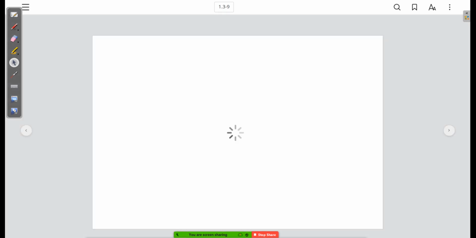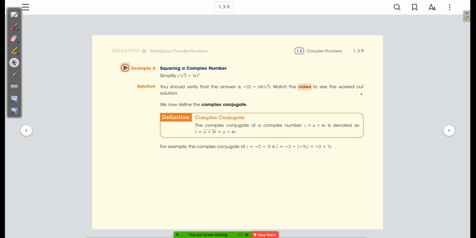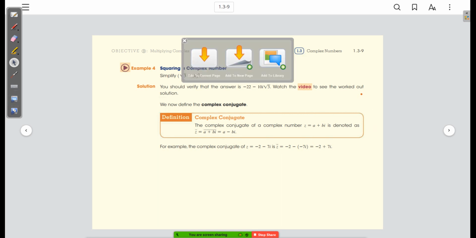Well, what about division? We now define the complex conjugate.